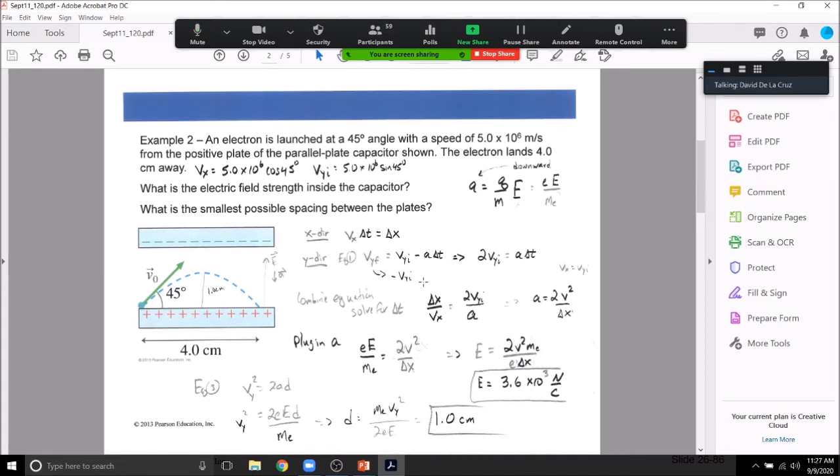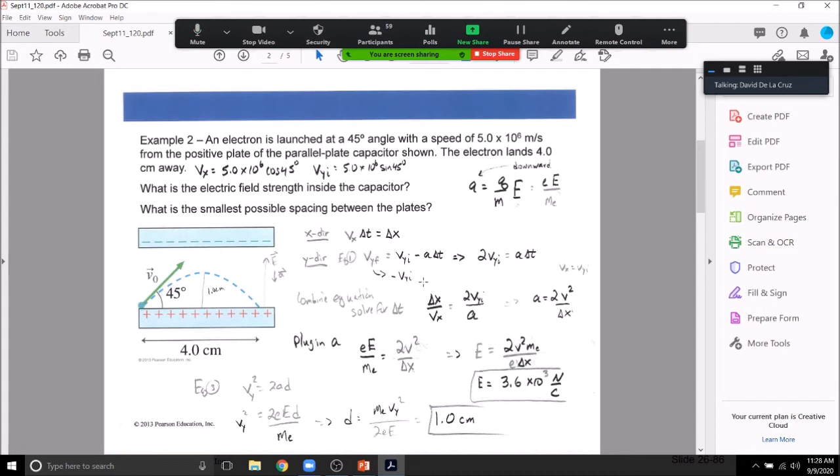Okay, so it wouldn't be 0? No. For this first part, we're considering it going up and coming back down, and it's not 0 when it's coming back down. We're not considering it actually hitting the plate, because if it hits the plate, there's a whole different acceleration going on. We're considering the moment right before it hits the plate, so it still has a speed to it.